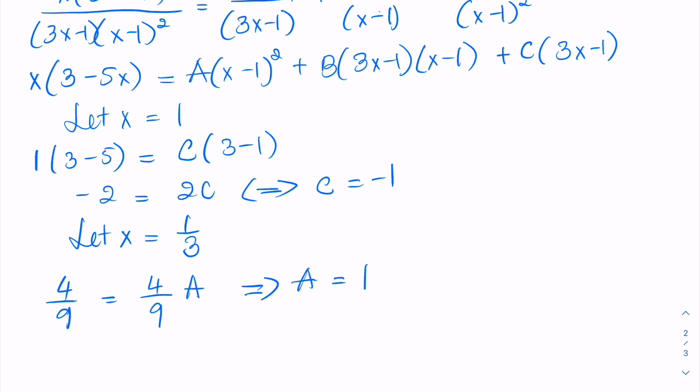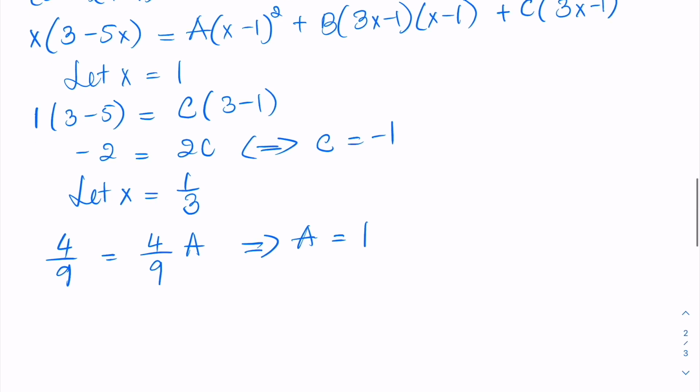Now, if I let x be 0, I turn this into a 0 here. So let x be 0, then I'm going to end up with 0 on this side.